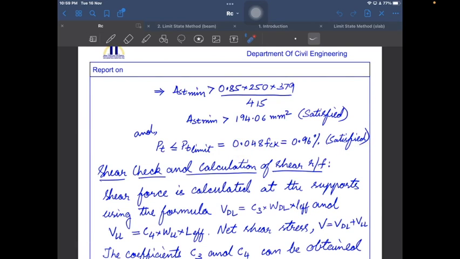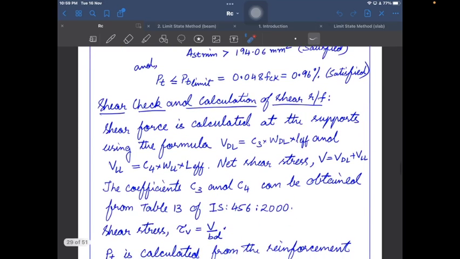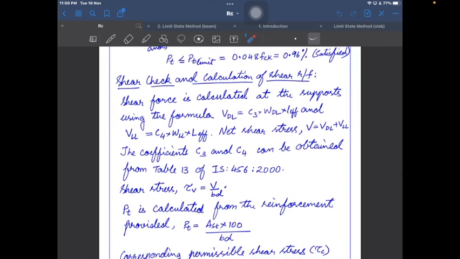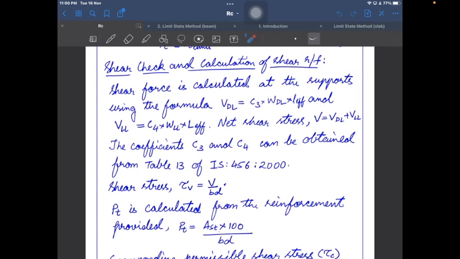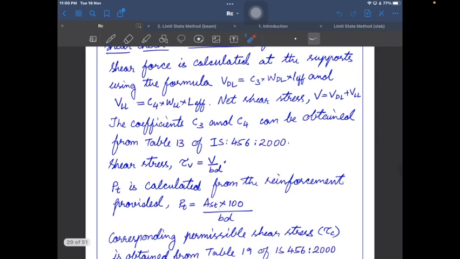I hope things are clear till here. Now we have the shear check and calculation of shear reinforcement. I have written down everything here. Similar to moment, we have coefficients for shear as well, C3 and C4, which we get from this table.